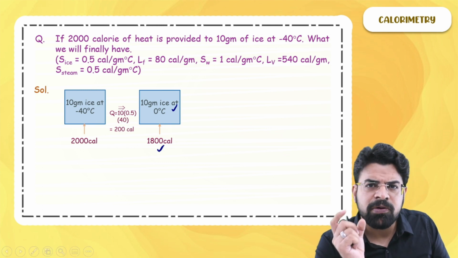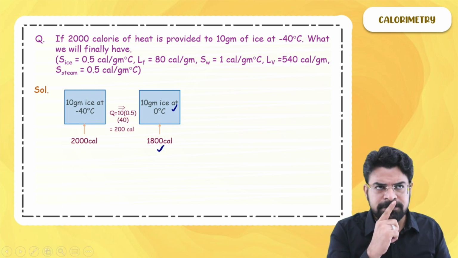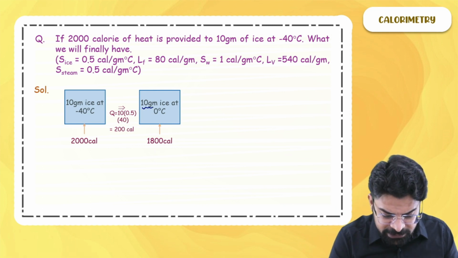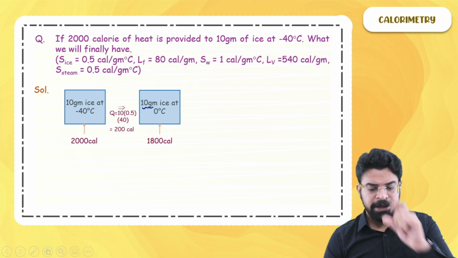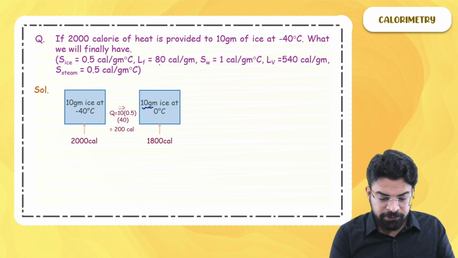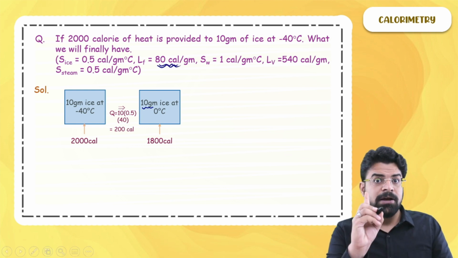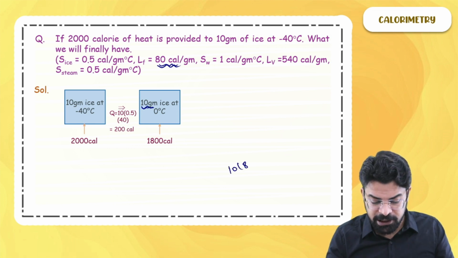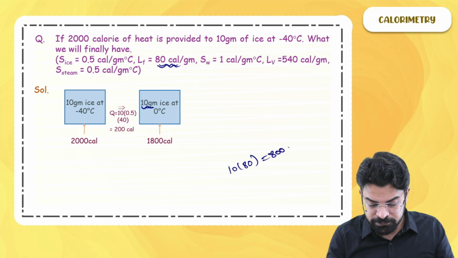As you start to provide heat to ice at 0, what happens? The ice starts to melt. Now, to melt the entire 10 gram, how much heat will be needed? To melt 1 gram, we need 80 calorie. So to melt 10 gram, we will need 10 into 80, that is 800 calorie.